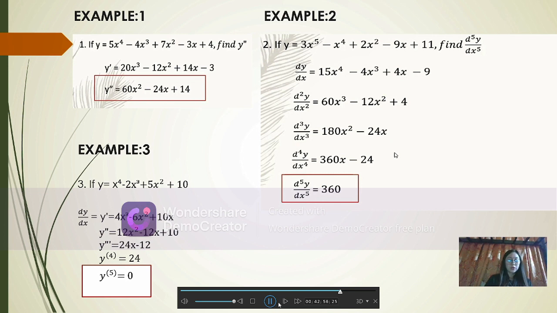Hindi na natin lalagay yung 1 kasi invisible 1 na siya. Then, 12. Bring down natin yung 12. So, the fourth derivative naman is 24. Sa fifth derivative is 0. Magiging 0 na siya.